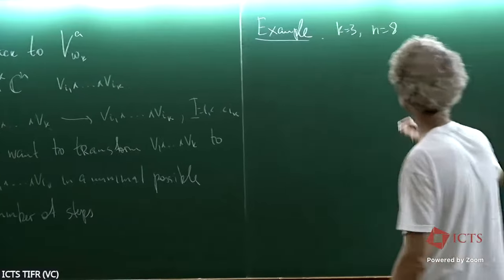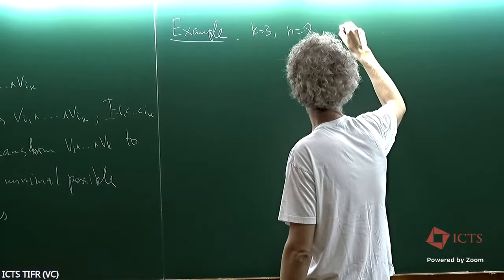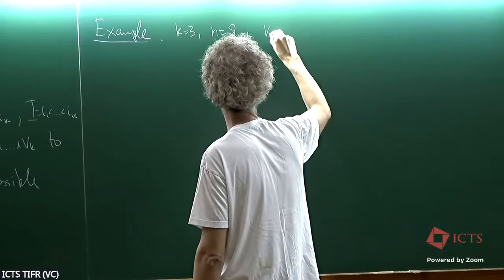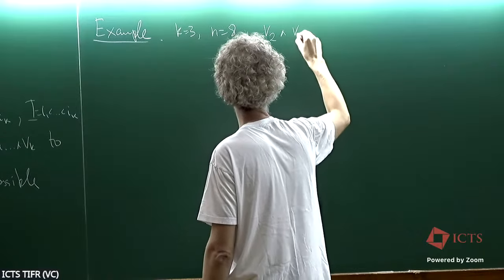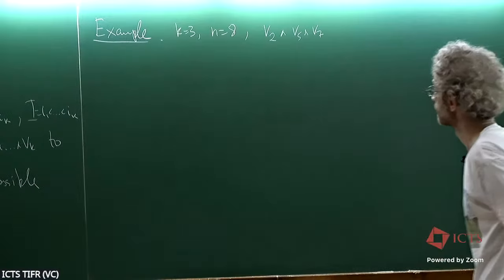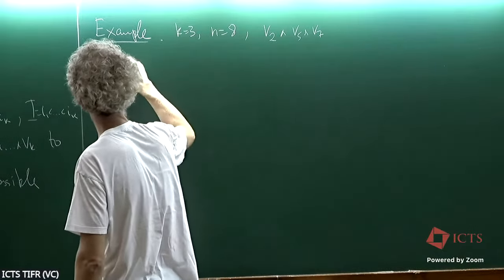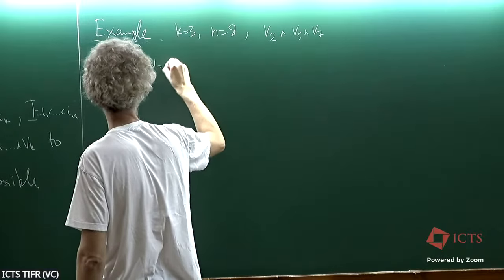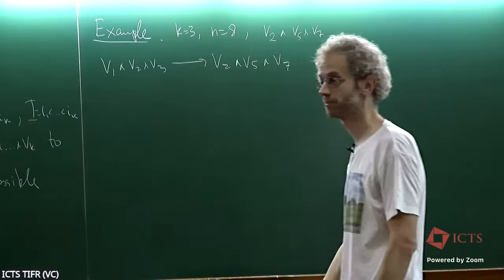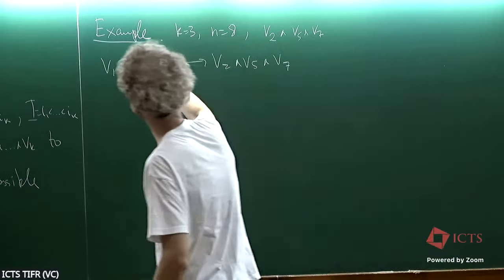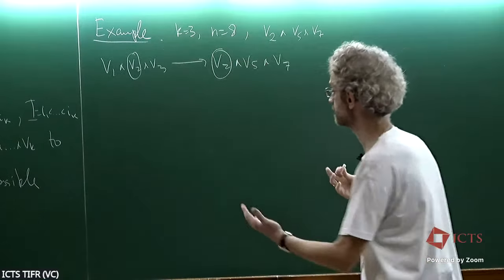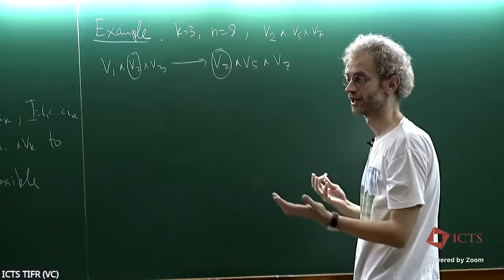And we have v_2 wedge v_5 wedge v_7. So we want to transform v_1 wedge v_2 wedge v_3 to v_2 wedge v_5 wedge v_7 in a minimal possible number of steps. So we have this v_2, which is already present, so we don't touch it, but we need to transform 1, 3 to 5, 7. So how do we do this?